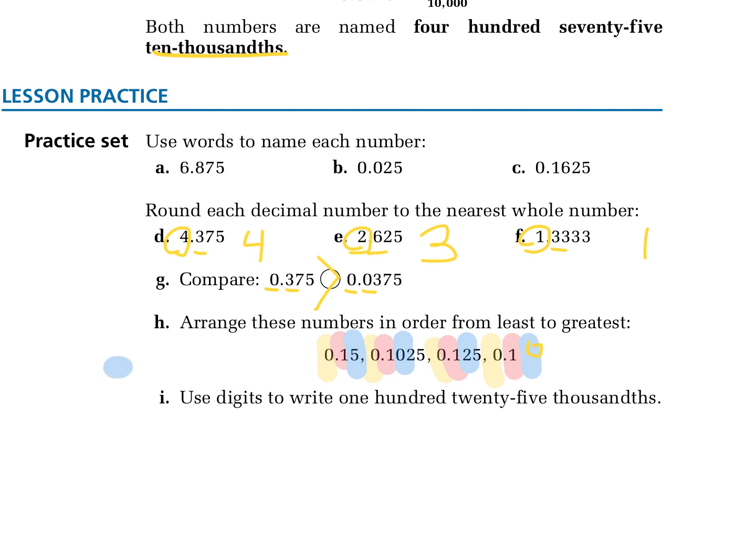it's going to be 1/10. And then it's going to be 1,025 ten thousandths. And then we have 2 5s, which would be, I'm moving it over here, 125 thousandths.